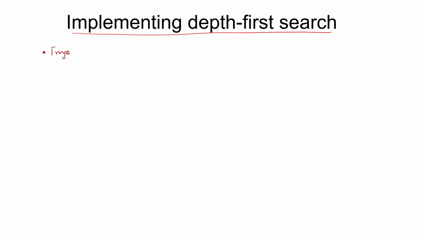The fringe, we already know what it is. Fringe is a set of nodes generated, but not expanded. The fringe can be maintained as a last in first out, LIFO queue, also known as a stack.